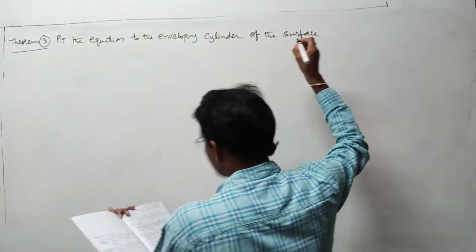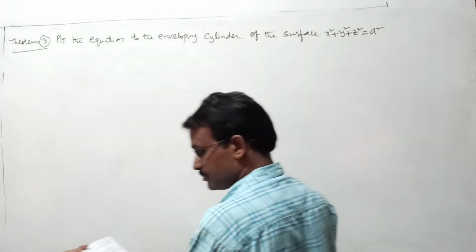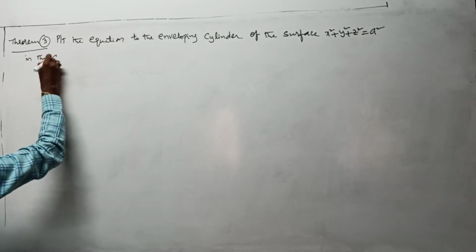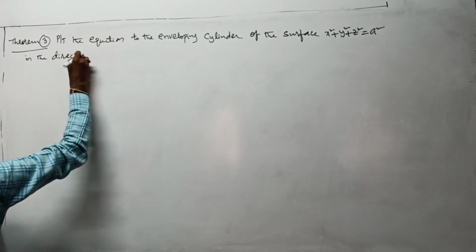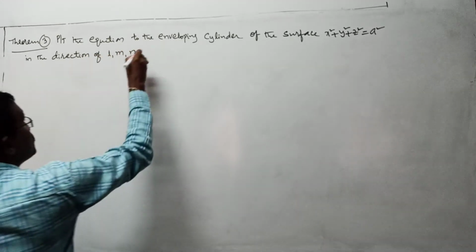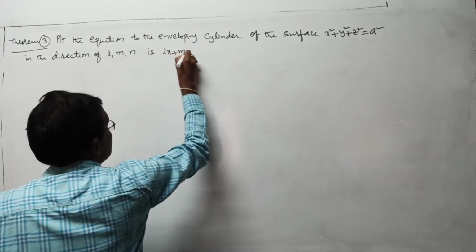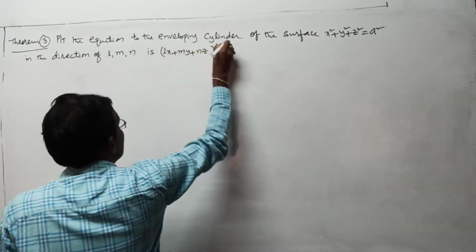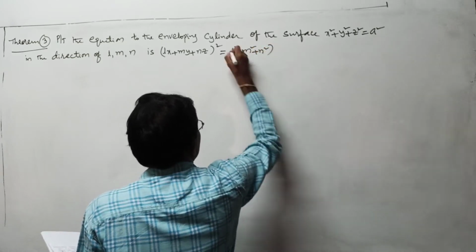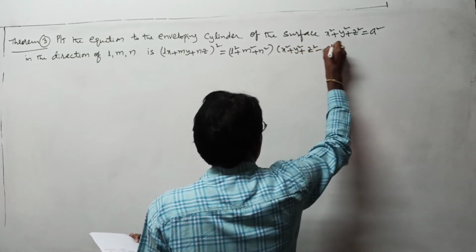of the surface x square plus y square plus z square equal to a square in the direction of L comma M comma N is, (Lx plus My plus Nz) whole square is equal to (L square plus M square plus N square) into (x square plus y square plus z square minus a square).